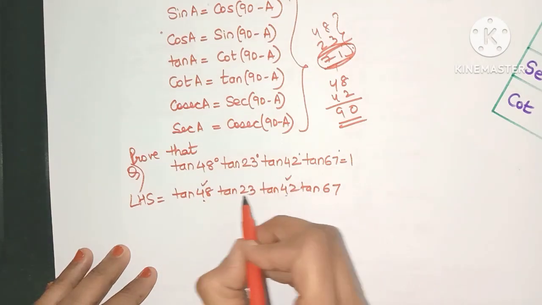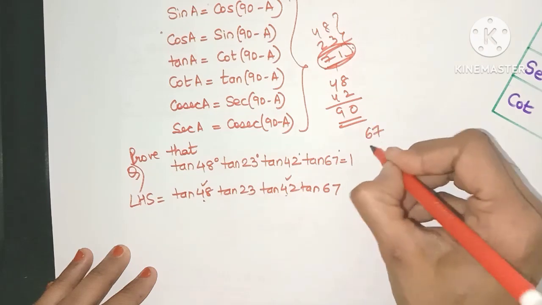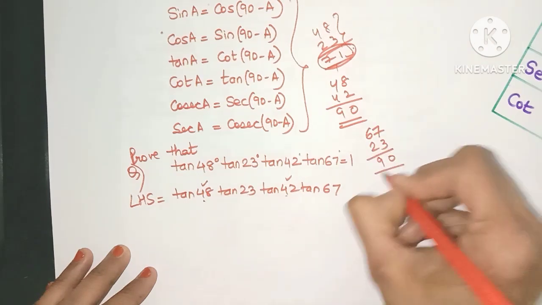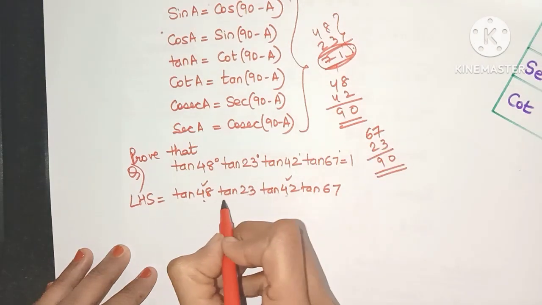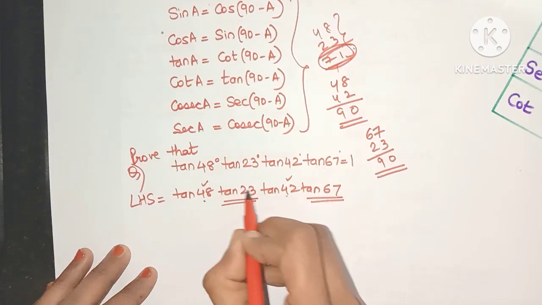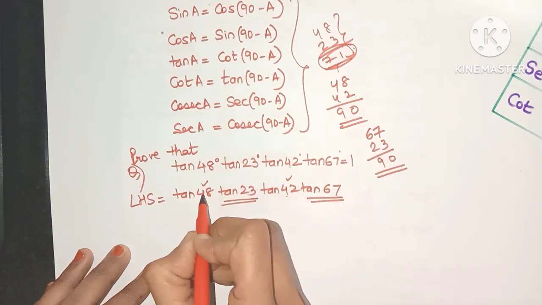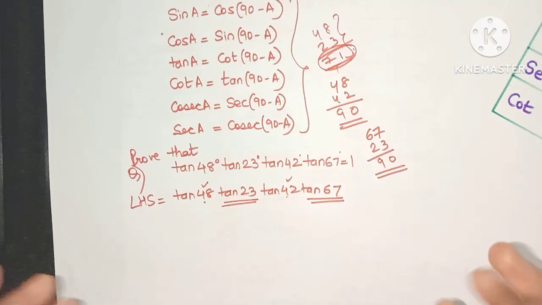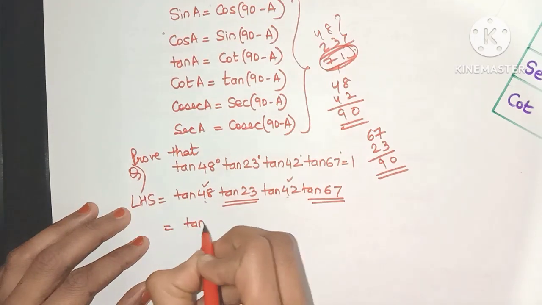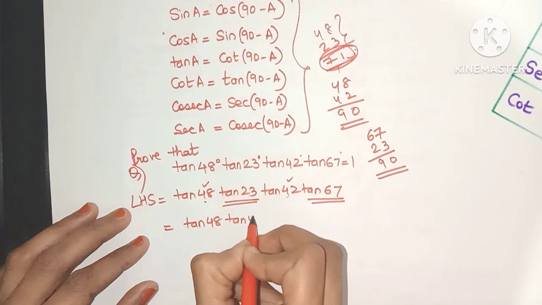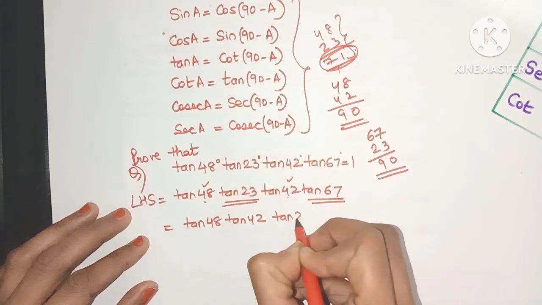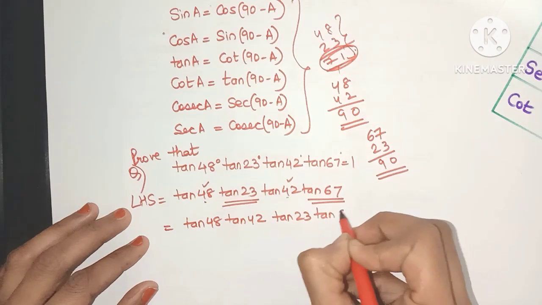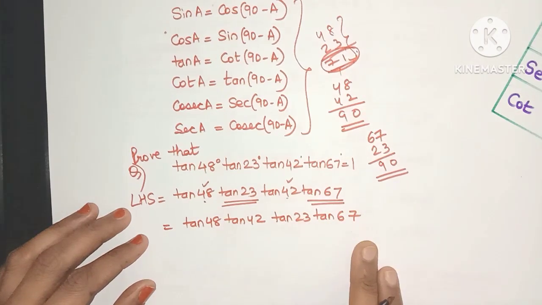Now let me go ahead and check if 23 and 67 also add up to 90. Yes, they add up to 90, which means these two angles over here are complementary. These two are complementary. So first let me regroup this expression. Let me combine the complementary angles together like this. Okay friends, this is what we need to do.